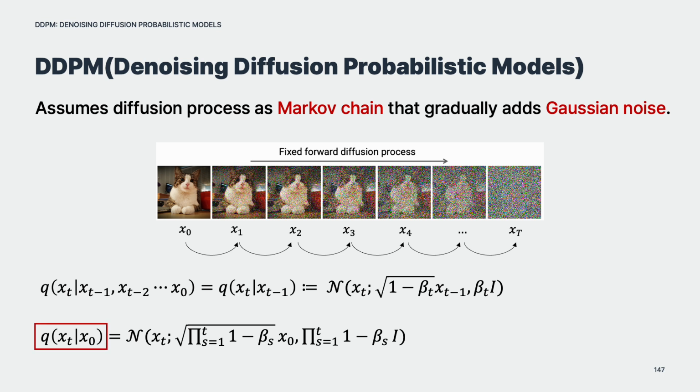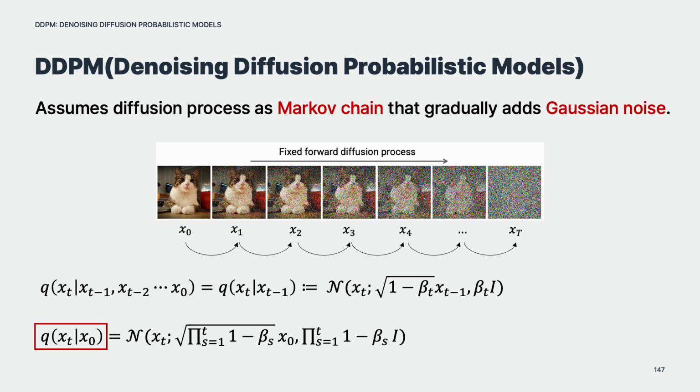The key point is that the forward diffusion process can be expressed in a single step. In other words, given the original image at step 0, we can directly sample the noisy image at any arbitrary time step t by sampling from a known distribution. Specifically, xt can be sampled from a closed form Gaussian conditioned on x0 using the cumulative noise schedule.